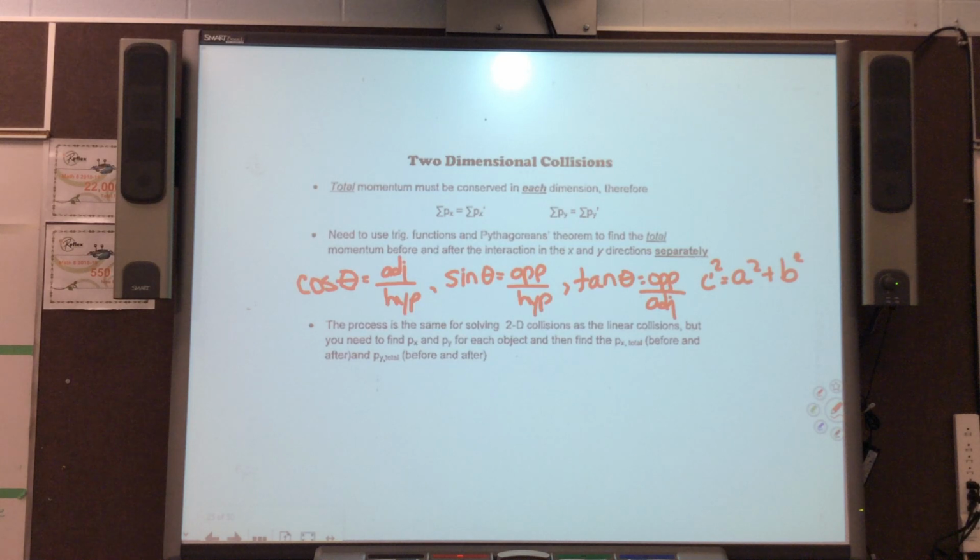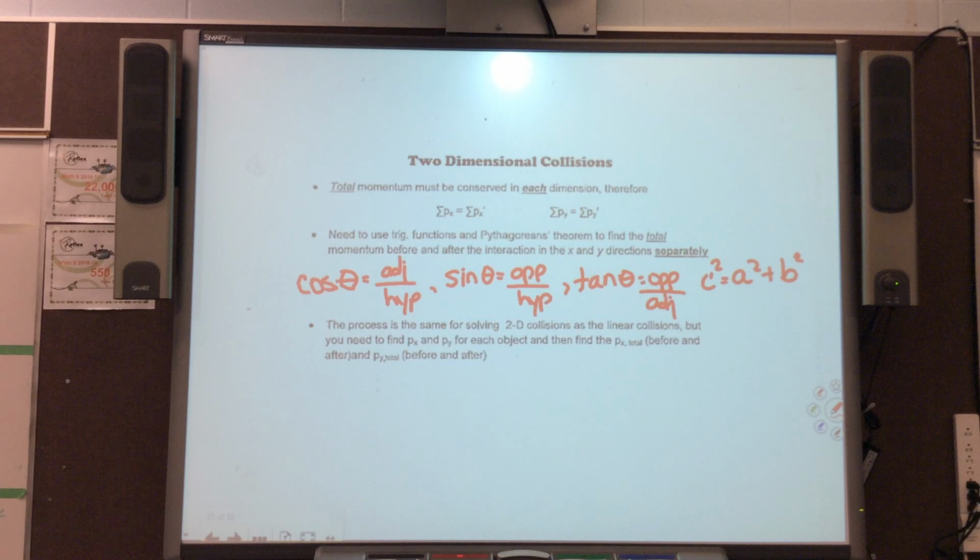And we're going to start using these components to find x direction independently and y direction independently before, and then x and y independently after. So you have a whole lot of numbers on your page. That's why being organized when you're writing your steps down is really going to come into play.